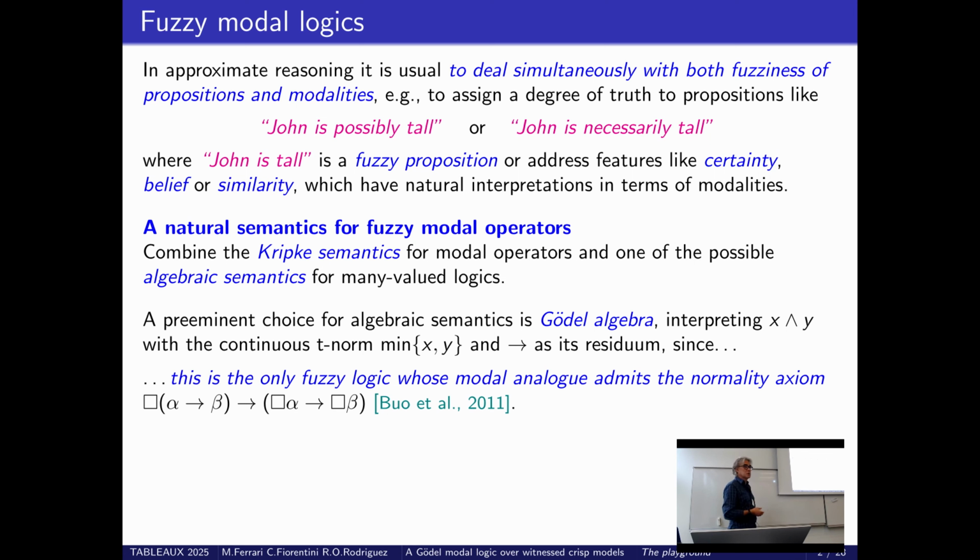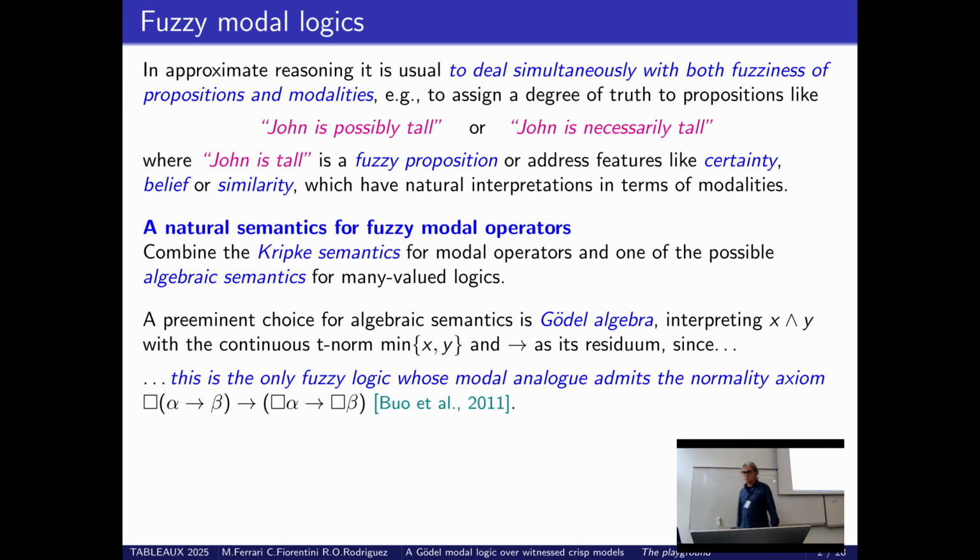But there is in some way a natural choice, which is to choose Gödel algebras, to use the interpretation of conjunction as the minimum, and the implication as interpretation.